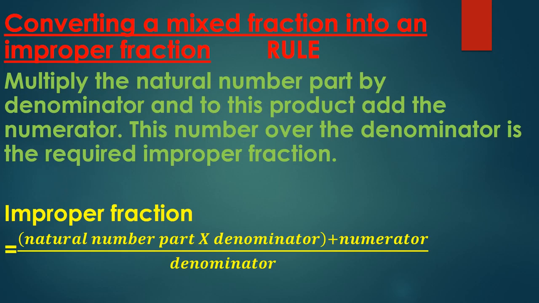First step is you will multiply the natural number part by the denominator of the fraction, and to whatever product you get, you will add the numerator. This number over the denominator is the required improper fraction. So the formula is: improper fraction equals the natural number part multiplied by the denominator, and to this product add the numerator, and then divide by the denominator.